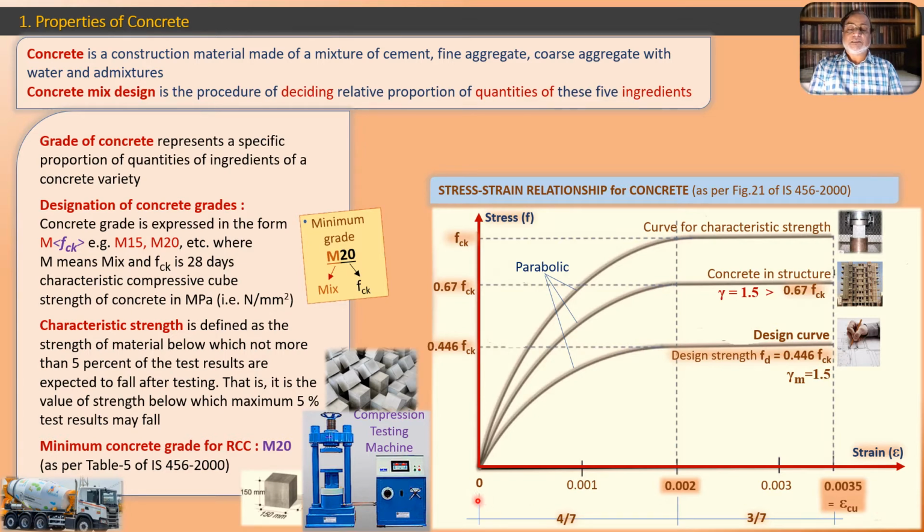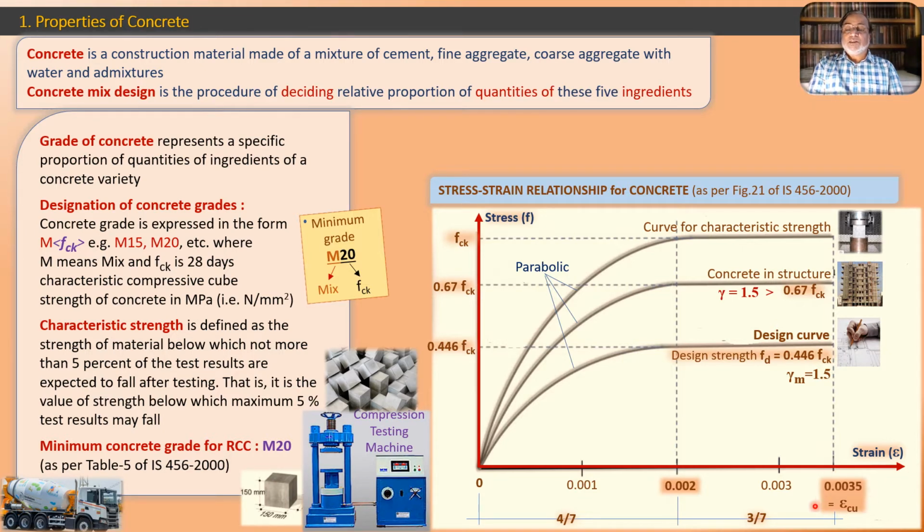The strain axis starts from 0 and we have values 0.001, 0.002, 0.003 and there is a value 0.0035, which is halfway between 0.003 and 0.004, which may come ahead.